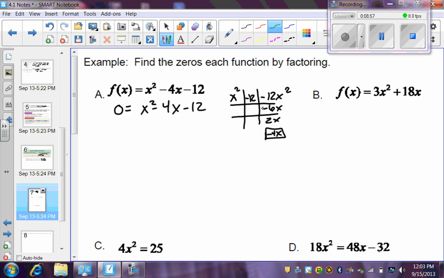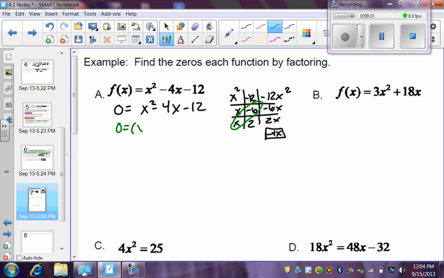A factor of negative 12x squared and negative 6x would be x, and a factor of negative 12x squared and 2x would be x. Then if we check it, x times x is x squared, 2 times negative 6 is negative 12, x times negative 6 is negative 6x, x times 2 is 2x. So that tells me this factors to x minus 6.